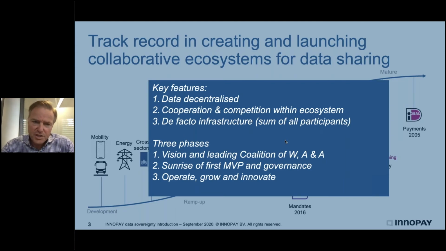And how to make these types of ecosystems? It starts in three phases. It starts with a vision and a leading coalition of willing, able, and acting. And that coalition creates the first MVP and organizes the governance. And then the next phase is towards infinity. It's about operating, growing, and continuing to innovate.